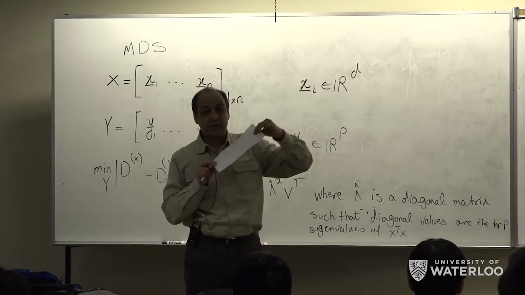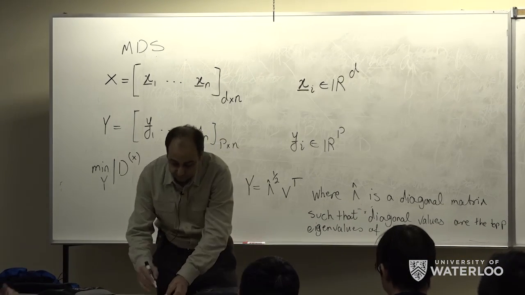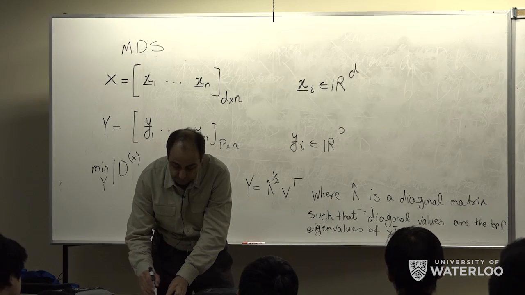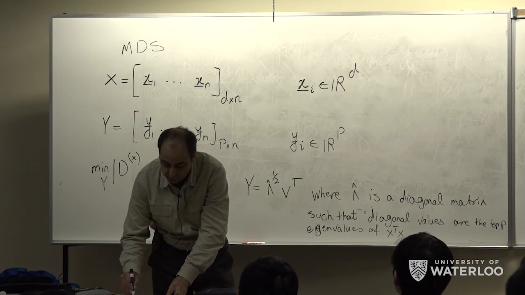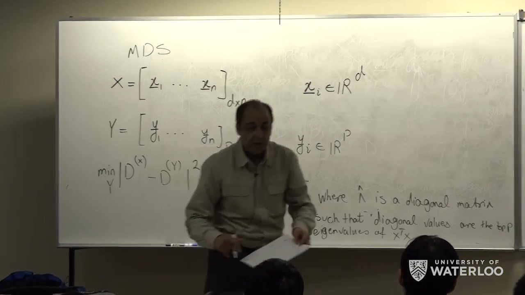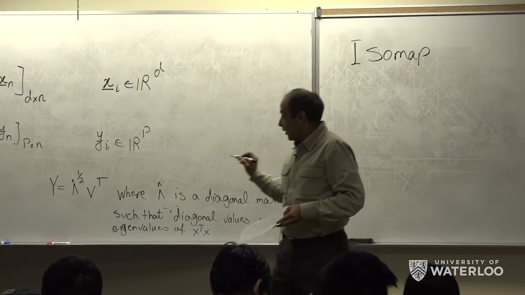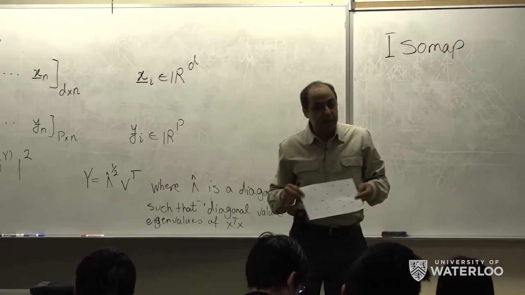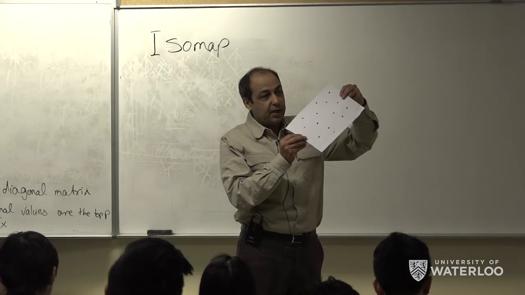So the assumption is that data is on a subspace. Okay. So you can easily see that MDS is also linear. One way to see that is by appreciating the fact that this is identical to PCA, but also you can intuitively see that this is linear.